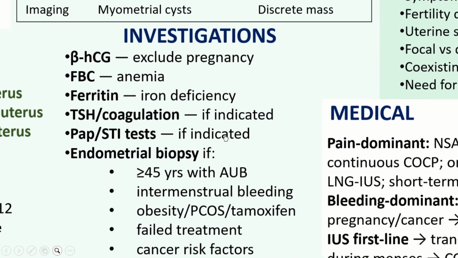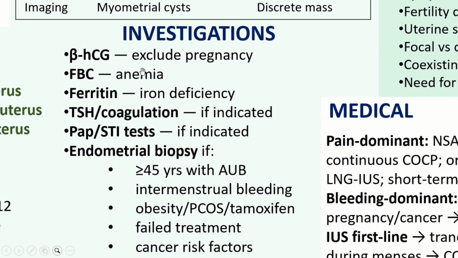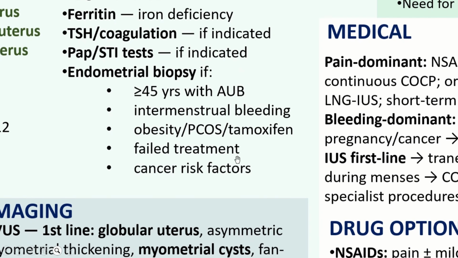For investigations, you can do a beta HCG to exclude pregnancy, a full blood count for anemia, and ferritin or iron for iron deficiency. We can do thyroid stimulating hormone or a coagulopathy screen if indicated. We can go ahead and do pap smears and STI tests if indicated, as well as an endometrial biopsy, especially if the person is above 45 years.